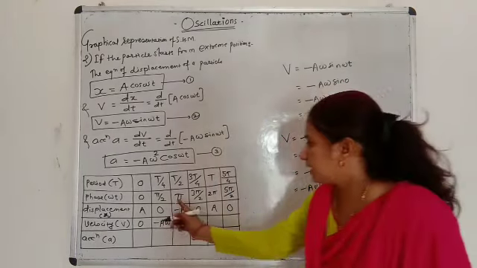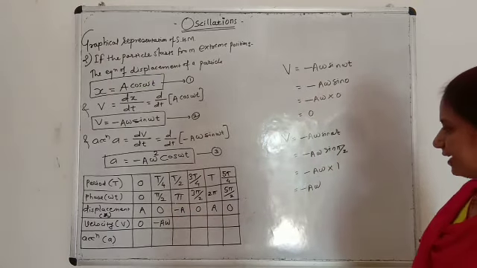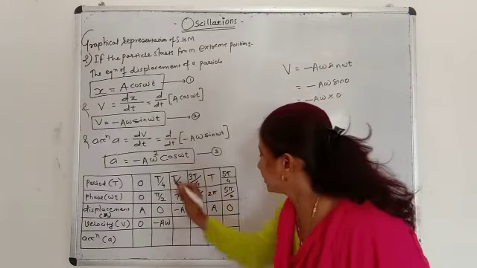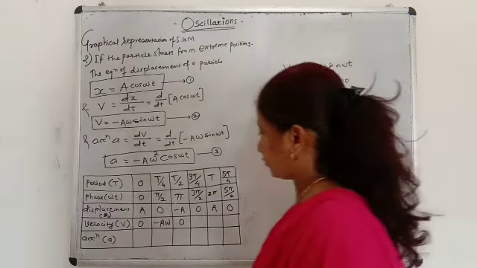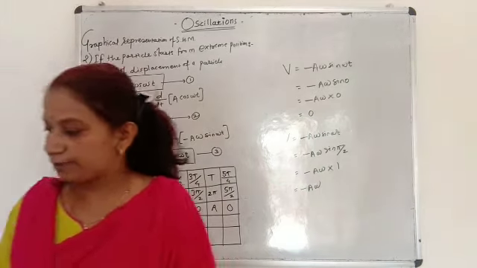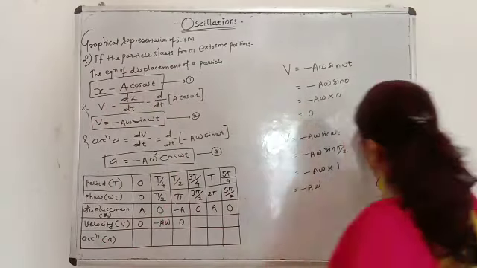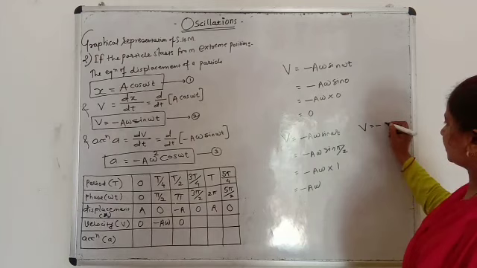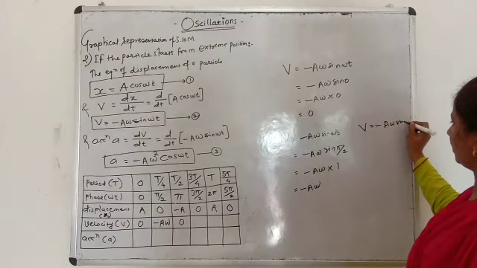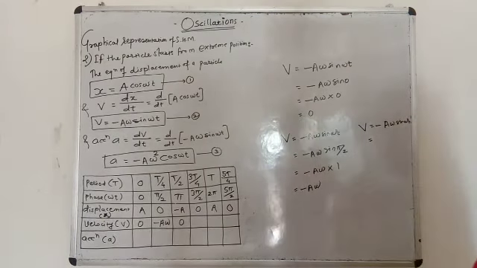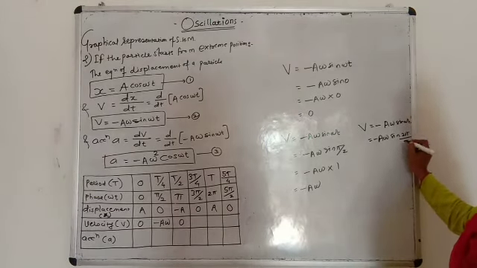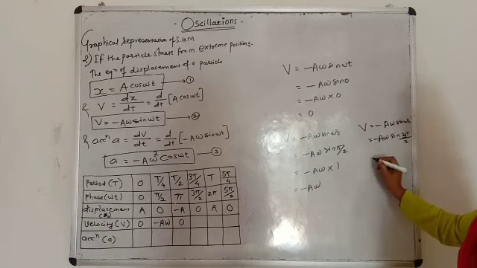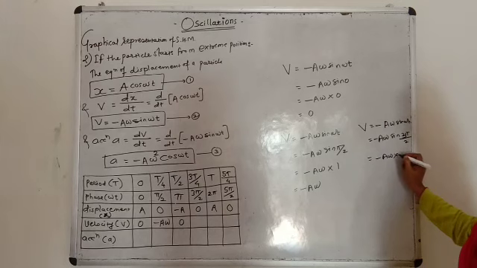Now here sine pi is 0. So the velocity becomes 0 here. Then sine 3 pi by 2. Then sine 3 pi by 2 becomes minus 1 here. So v equals to minus a omega sine omega t. So here minus a omega sine 3 pi by 2. And this sine 3 pi by 2 is minus 1.